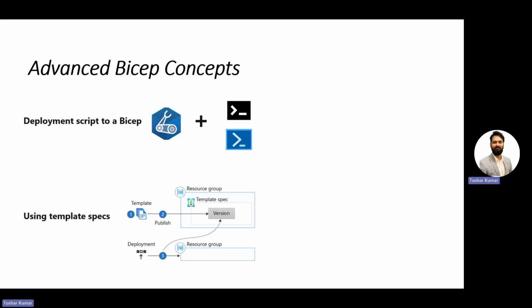Also, you can keep on maintaining versions of it. Let's say you have some Bicep template, you made some changes, and you made the version 1.2, and at some point that 1.2 broke something. Then you can always go back, pick the version 1.1.0, and deploy that.